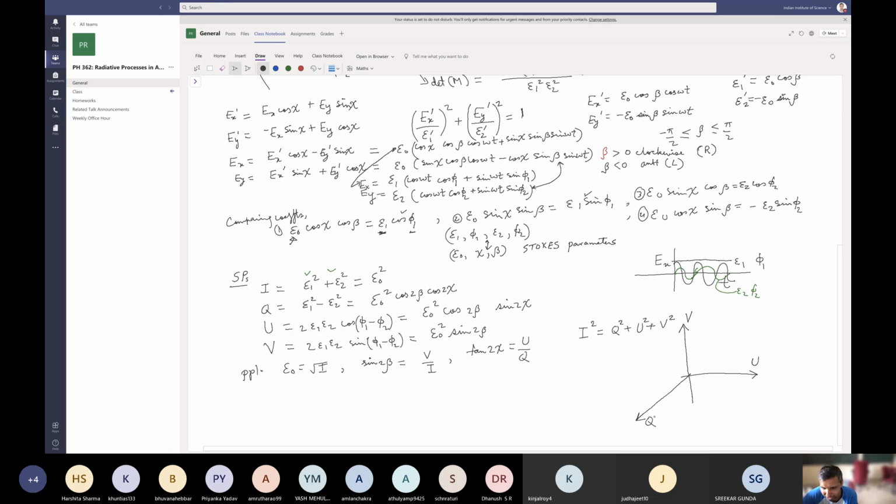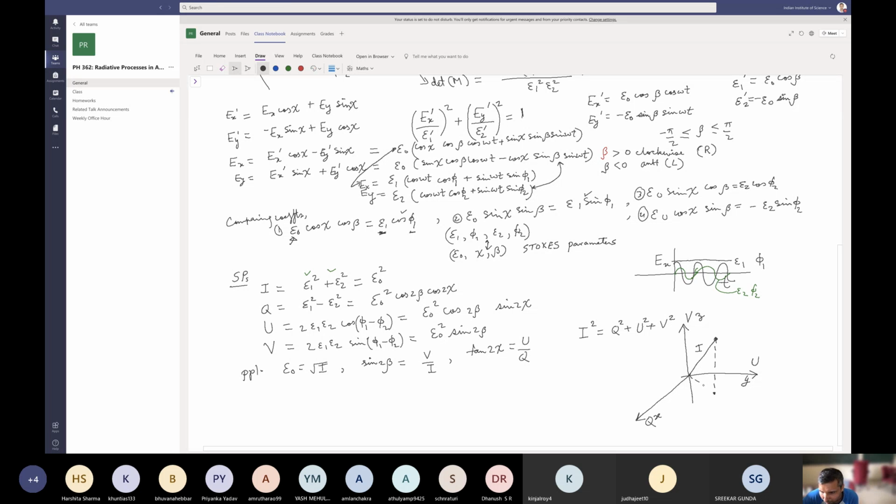So X, Y, Z. This is the equivalent of the X, Y, and Z that we are familiar with. So Q squared plus U squared plus V squared is equal to I squared. So I is like your spherical radial coordinate, and this is like a projected point in the XY plane.